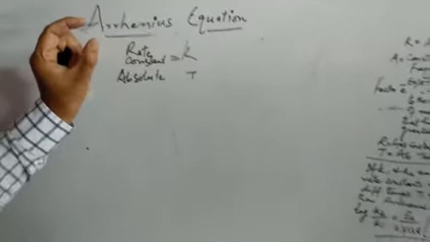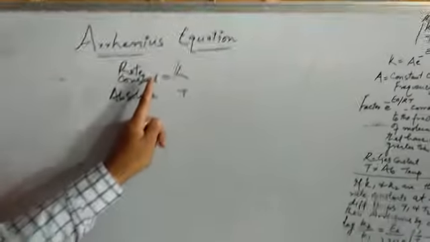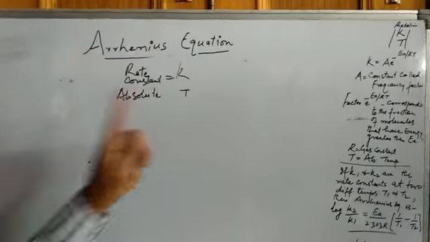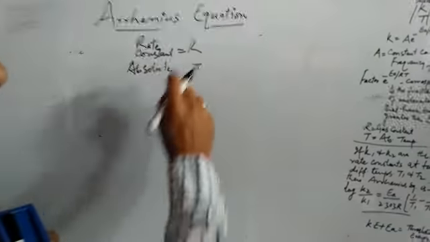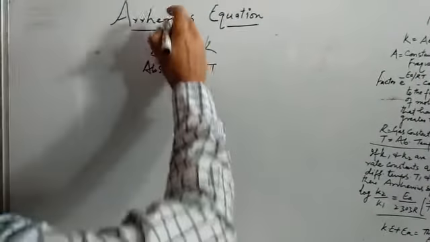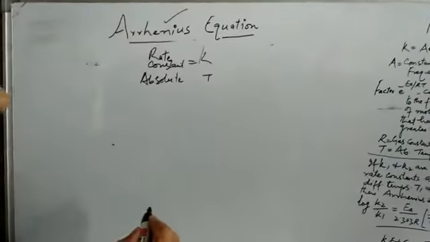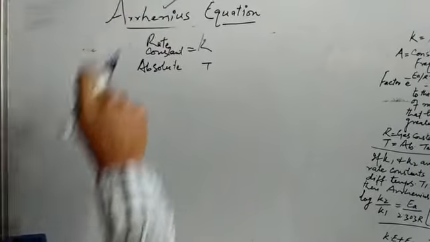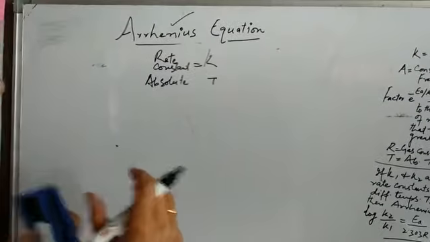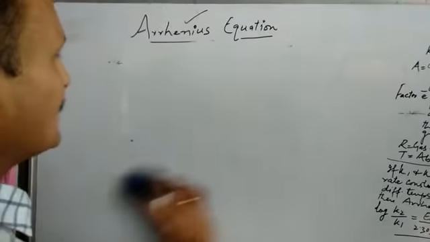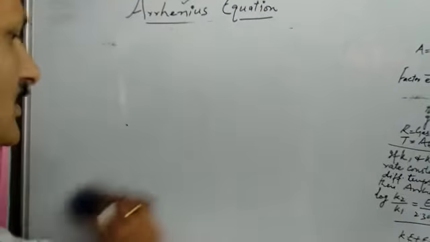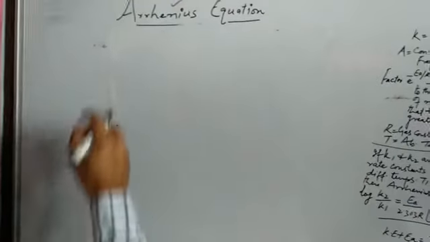That relationship between these two is known as the Arrhenius equation, after the name of the scientist who gave this concept. Now what is this equation, and how did he give the relationship between the rate constant and the absolute temperature?